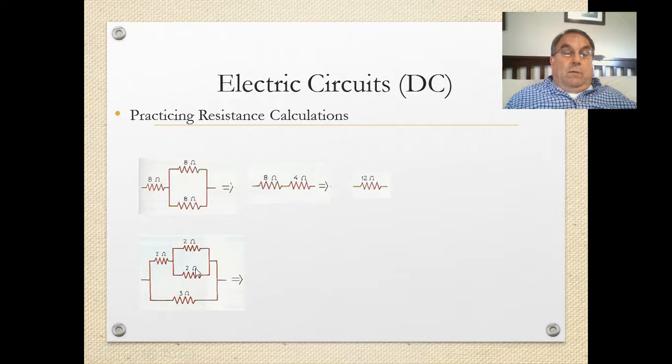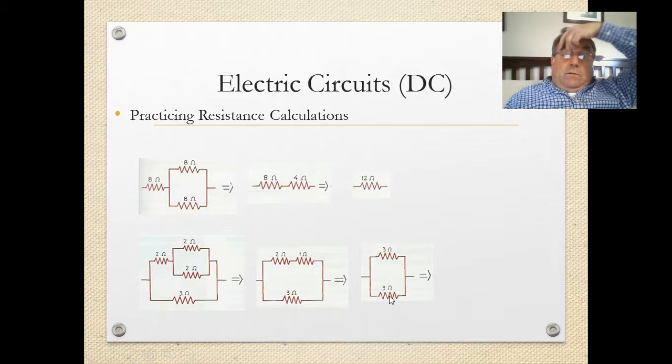So 1 over R equals 1 over 2 plus 1 over 2. So that's going to simplify down to 1 ohm. 2 plus 1 is 3. So that simplifies down to this. And then we take 1 over R equals 1 over 3 plus 1 over 3. So R equals 3 over 2, which is 1.5 ohms.